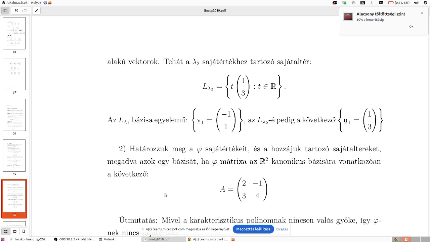And two bases. One basis is this and the other is this, but you could give an infinite number of bases.